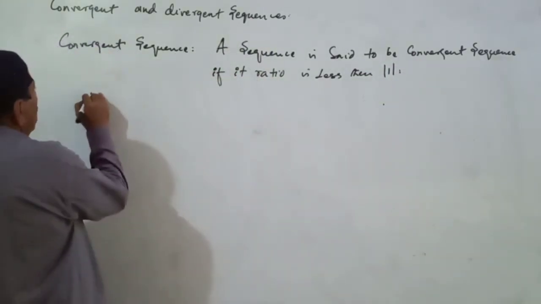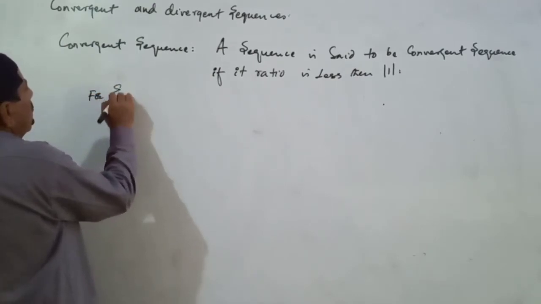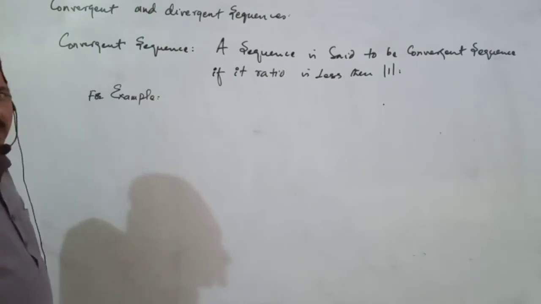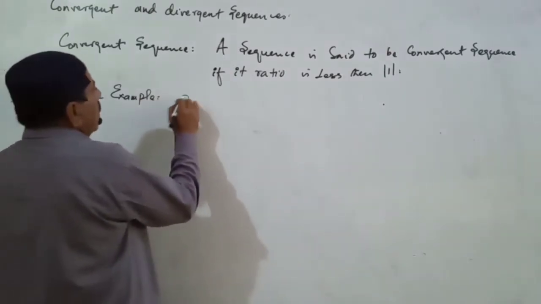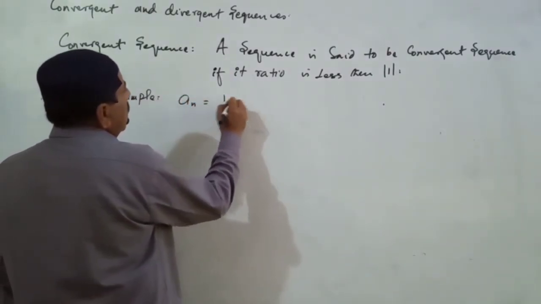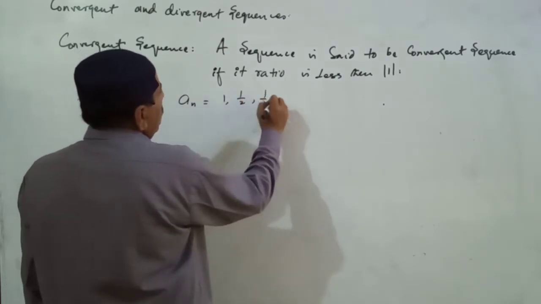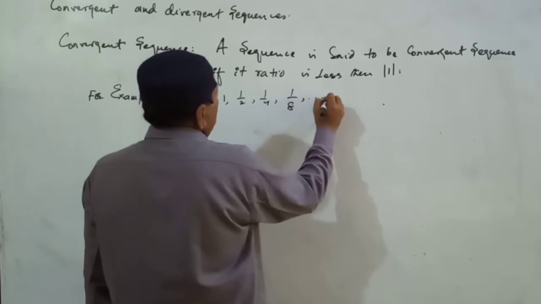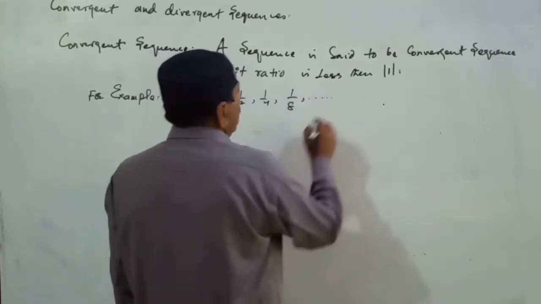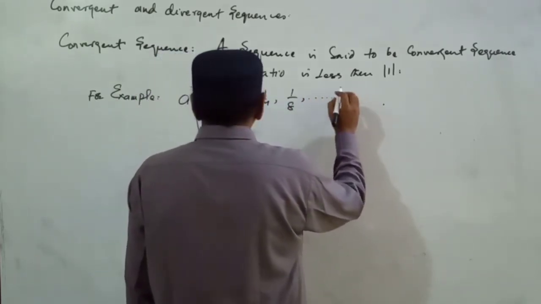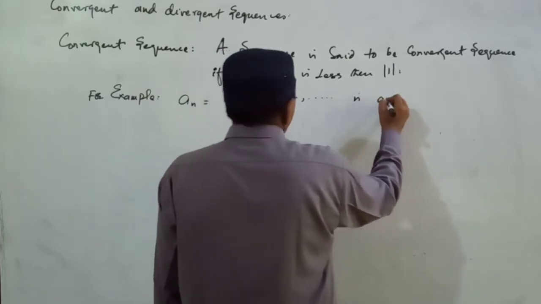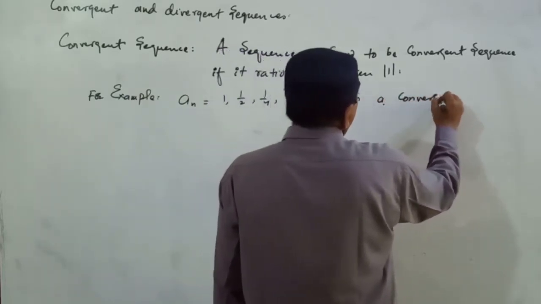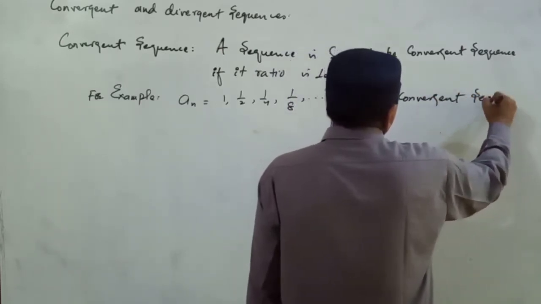For example, a n is equal to 1, 1 upon 2, 1 upon 4, 1 upon 8, up to infinity is a convergent sequence.